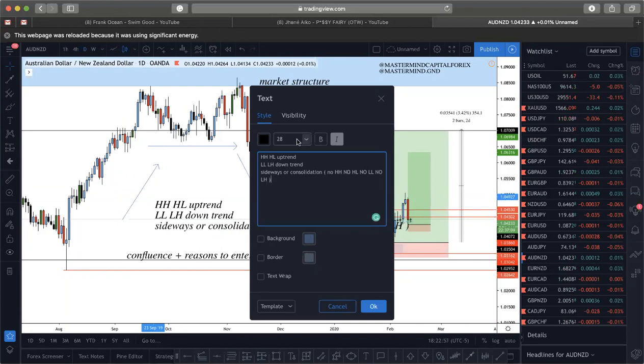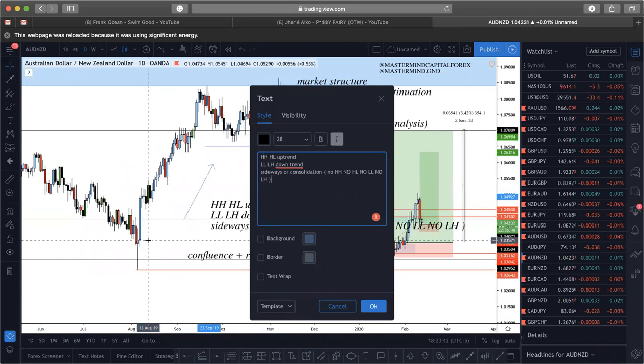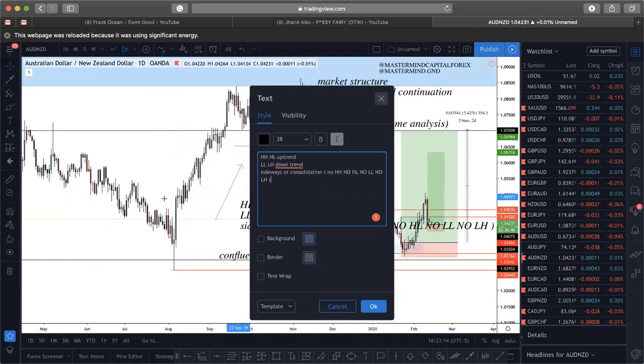So in order for an uptrend to be an uptrend, it must only have higher highs and higher lows. If it has anything else, it's not an uptrend. Downtrend, only lower lows and lower highs, right? And we know what's the high and the low, all right? That's just a recap, right?